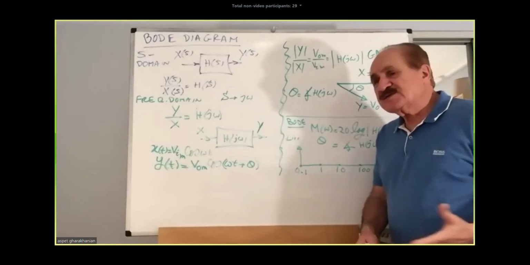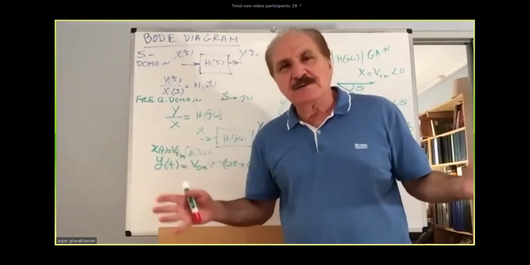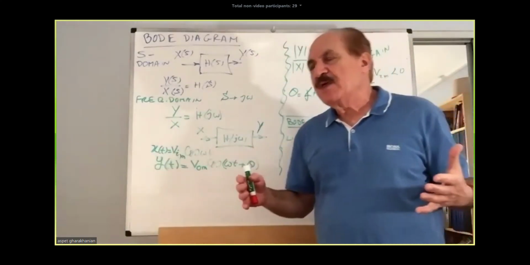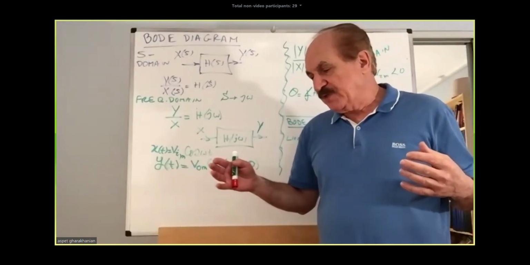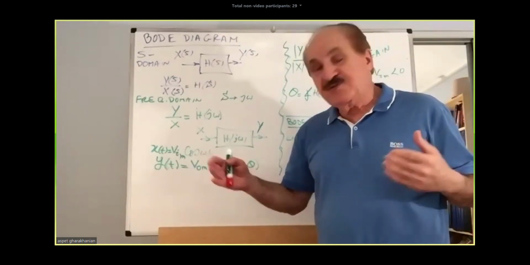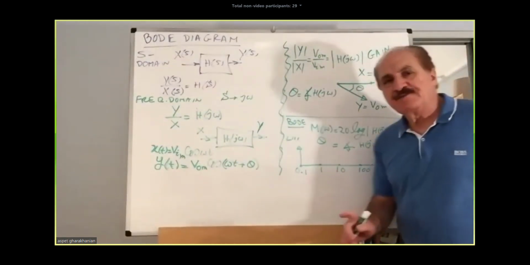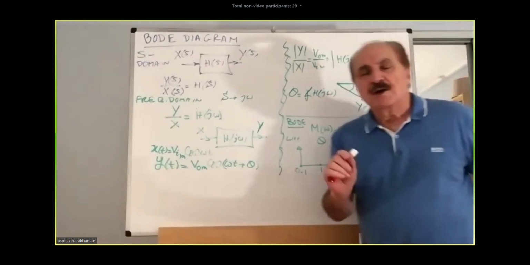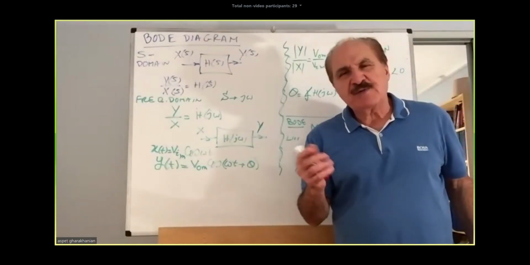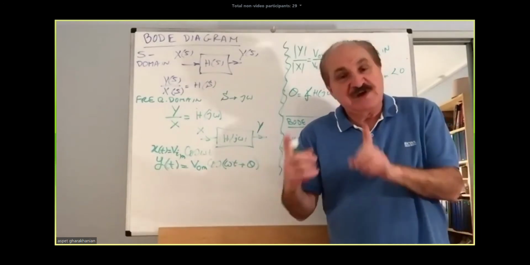Then you may ask, what happens to the numbers in between? Let's say 3. This is 1, that's 10, so this is a whole unit. Log of 3 is approximately 0.47 of the scale.